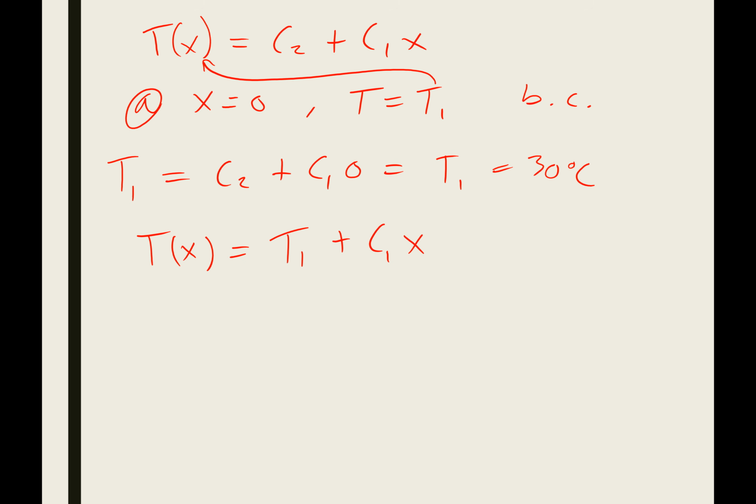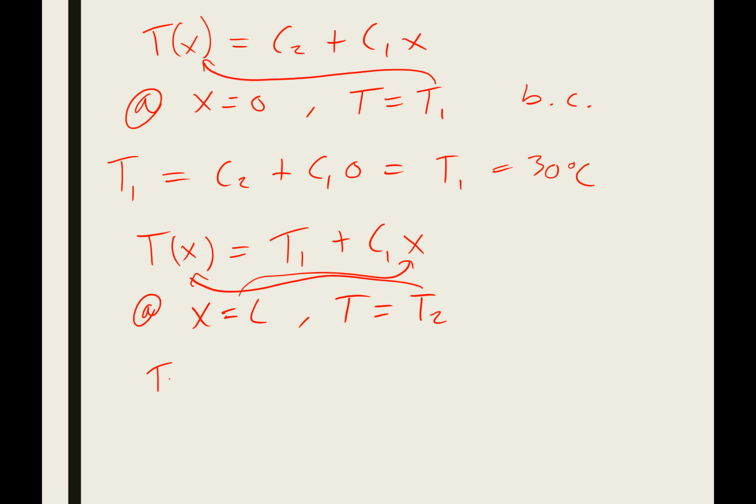So we still have one more boundary condition. At x equals L, our temperature is equal to T2. So we would plug those back into this same equation. We'll plug in x equals L there, and we'll plug in our temperature is equal to T2.